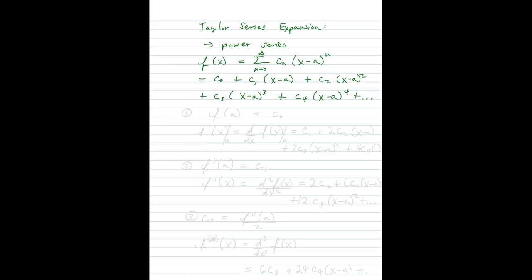So if x equals a, all of our terms with x minus a are going to go to 0, and we can evaluate the function f of x at a such that we've defined c naught.